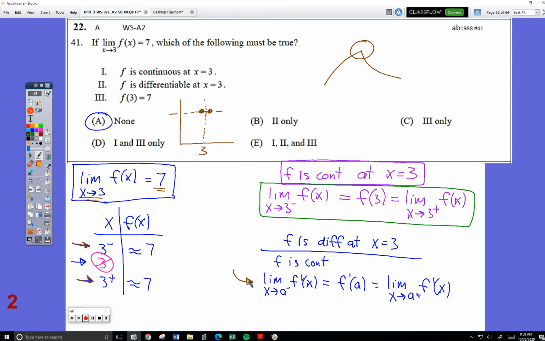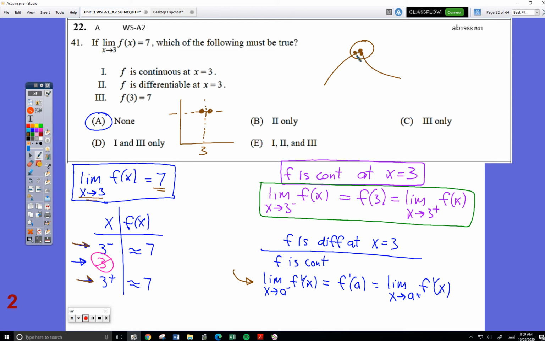The word differentiable means I can find the derivative at every single point on the function. So for a function to be differentiable at a point, it's very similar to continuity. For continuity, I have to be able to find a point right at the spot, a point infinitesimally close on the left, and a point infinitesimally close on the right.